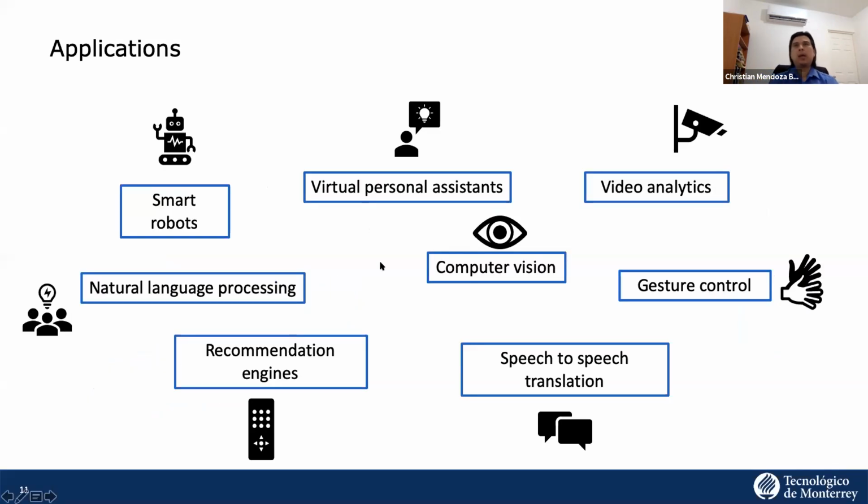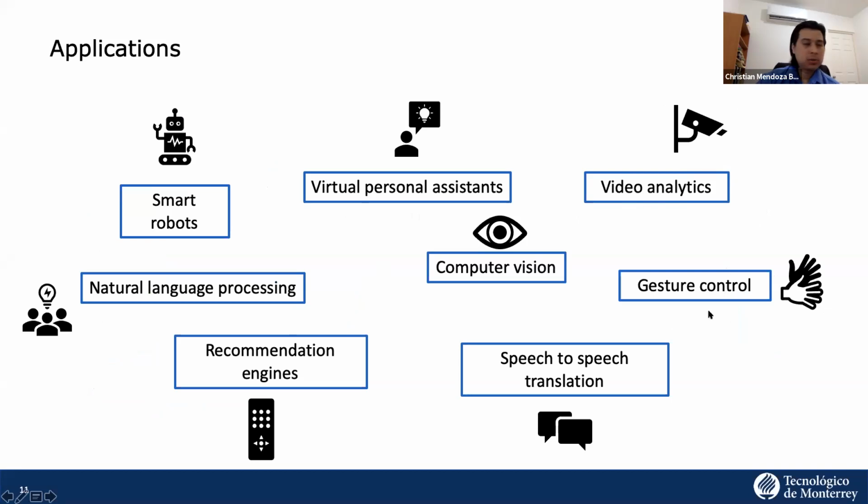So I want to talk about some of the applications of machine learning and deep learning. And you have the classical virtual personal assistant applications. You can do some video analytics where a computer automatically analyzes video, for example, security videos.